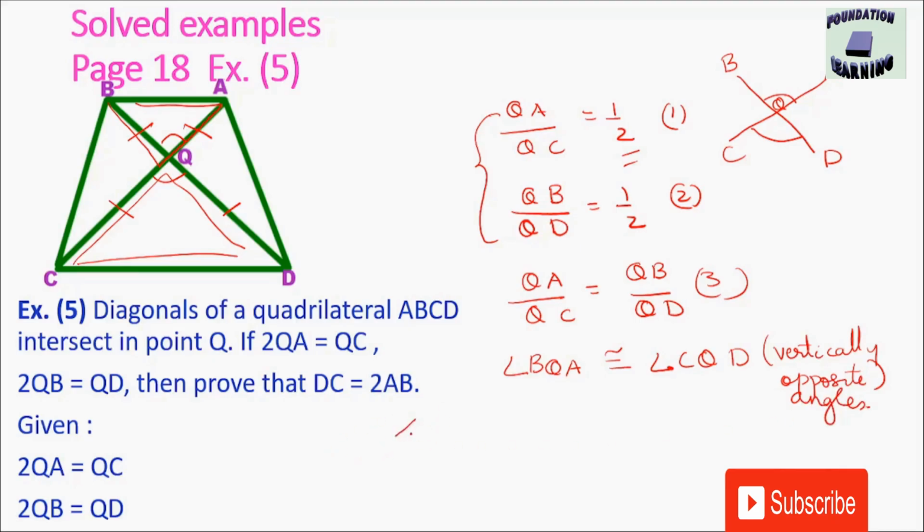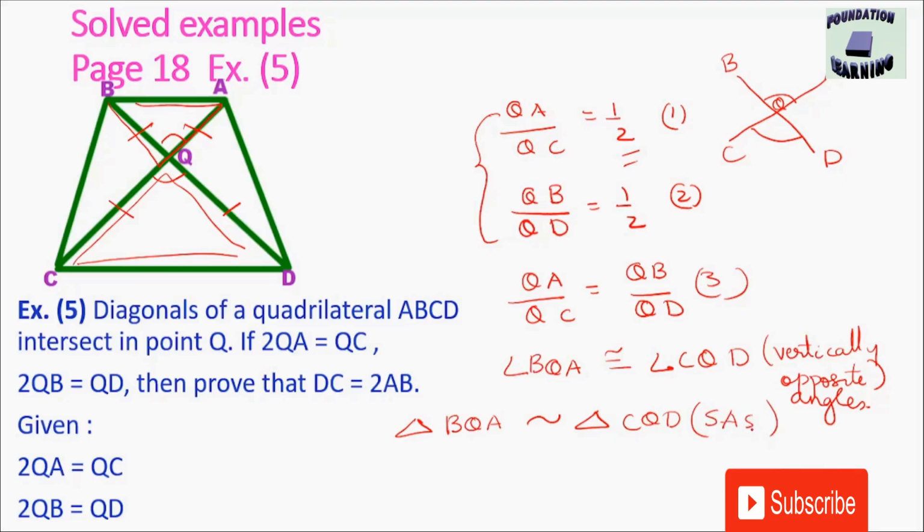Now these two triangles, which we have taken, triangle BQA is similar to triangle CQD by which test? SAS test of similarity. Why SAS?